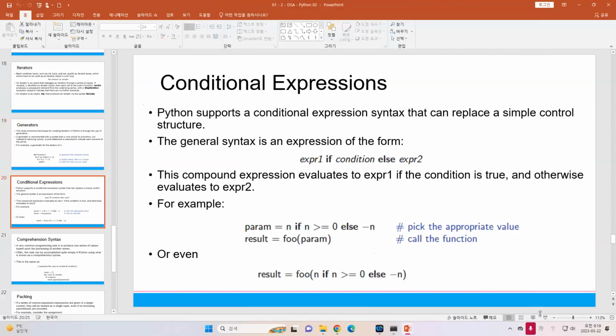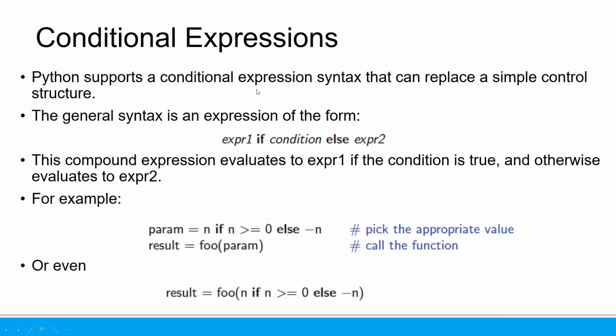Next, it is about the conditional expression. I think you already learned the conditional expression using if. In Python, we can do the conditional expression. We can replace it with a simple control structure. So what is the meaning by simple control structure?